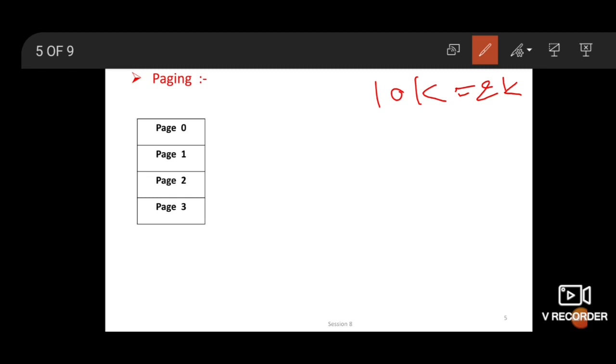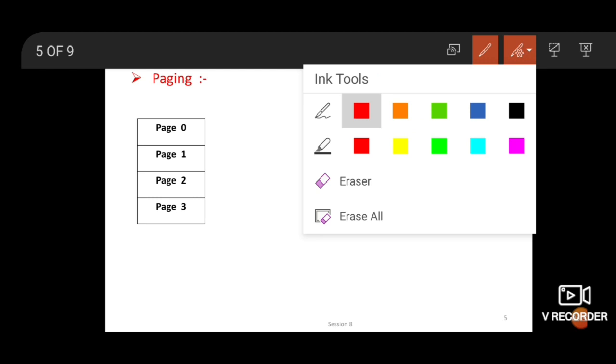Then this 10K is divided into 5 different pages, because the page size is 2K and the total size of the process is 10K. Understood students? So it is divided into 2 KB pages, hence one program is divided into 5 pages.